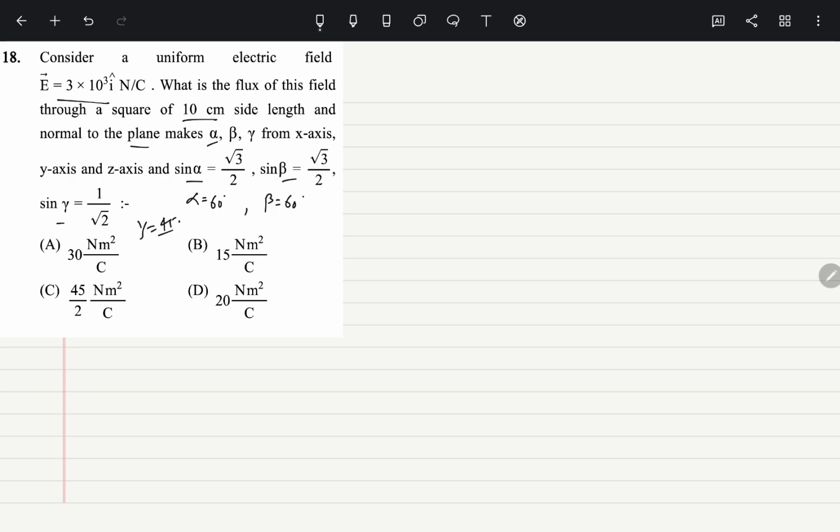Let's suppose this is the x-axis, this is y, this is z. The area vector will be in this direction, perpendicular to the surface.